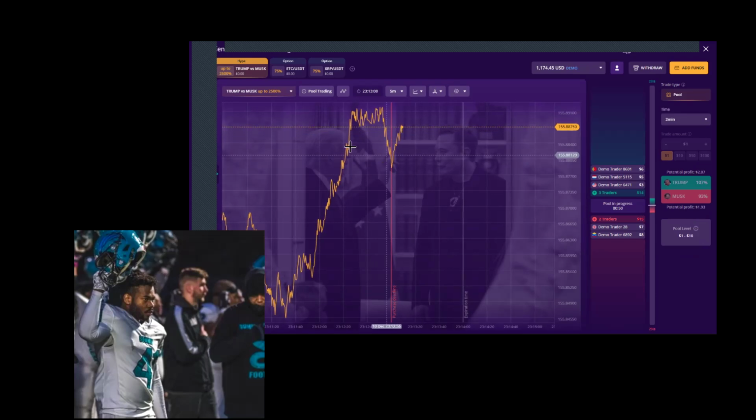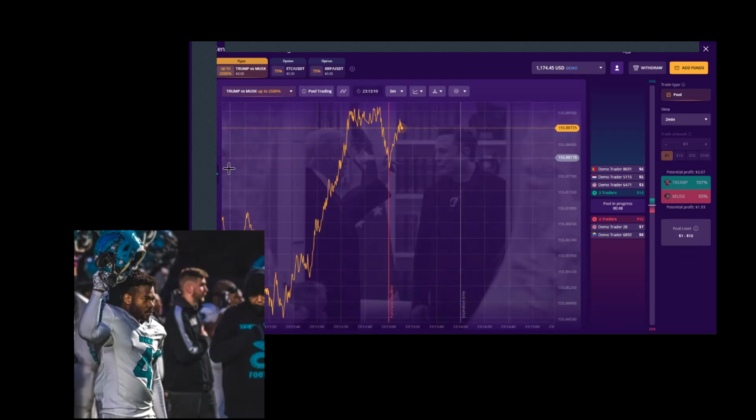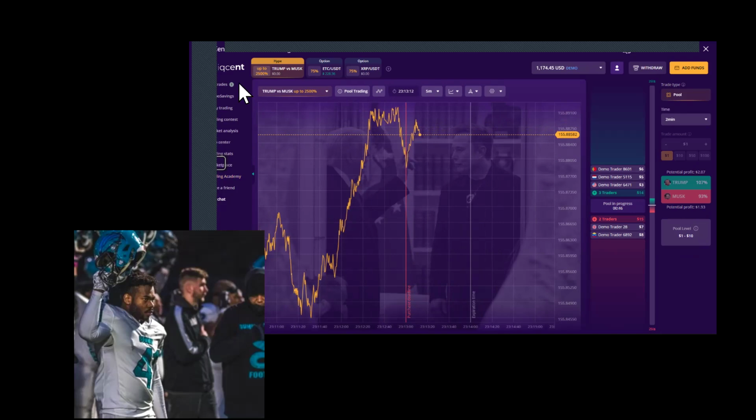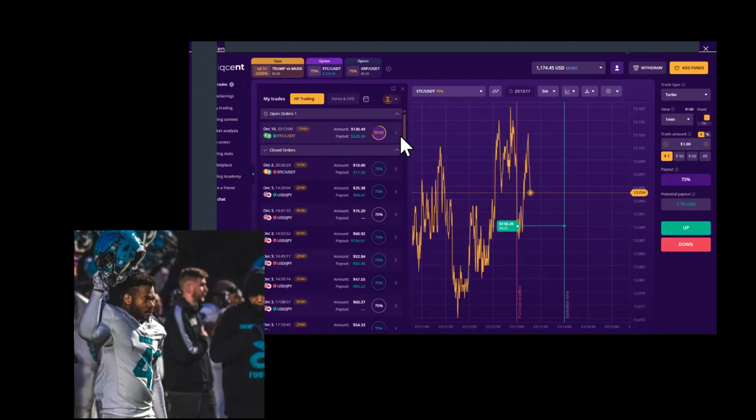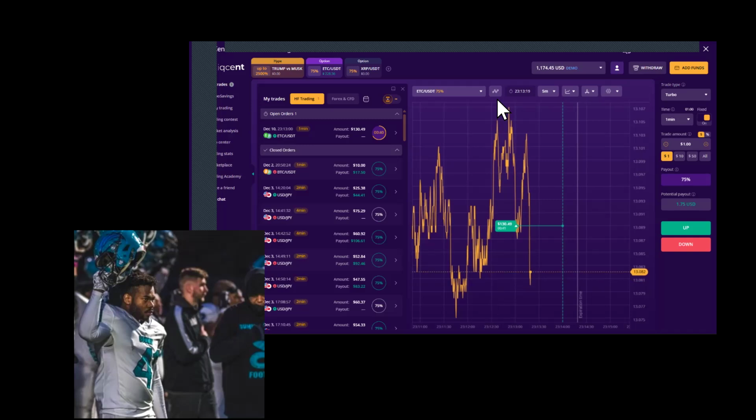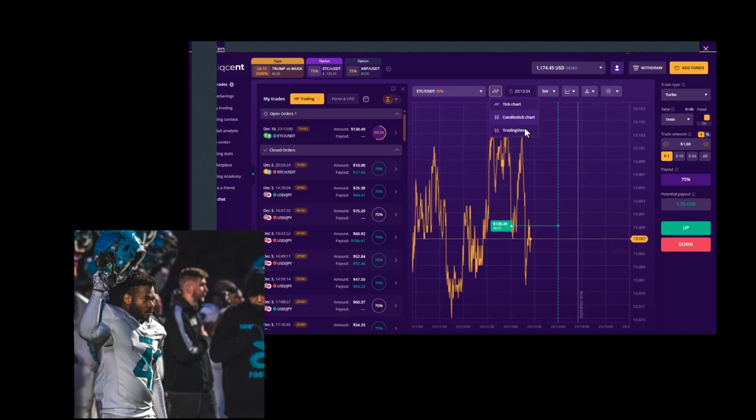When I put my trades in, I gotta reload my screen sometimes. And that's okay, there's nothing wrong with reloading your screen. I just don't like how it completely disregards what I put in here.